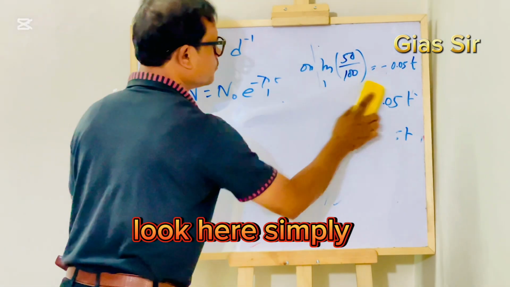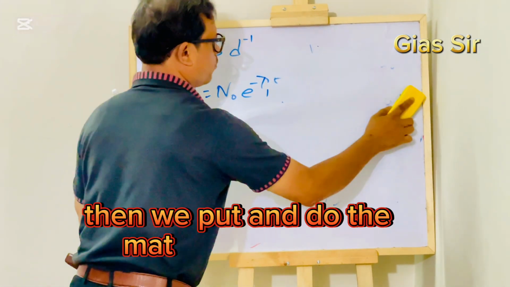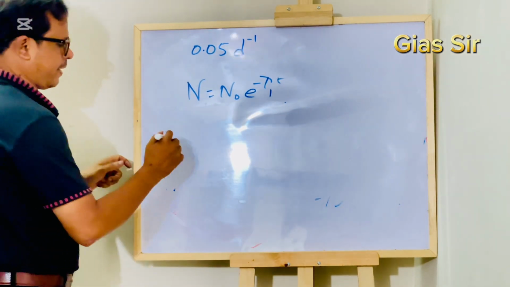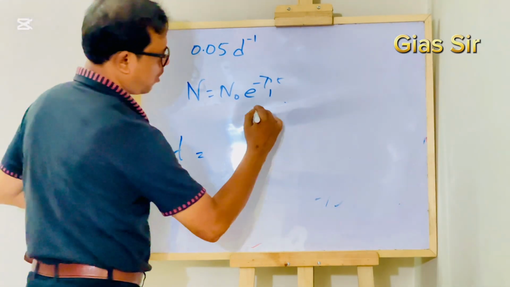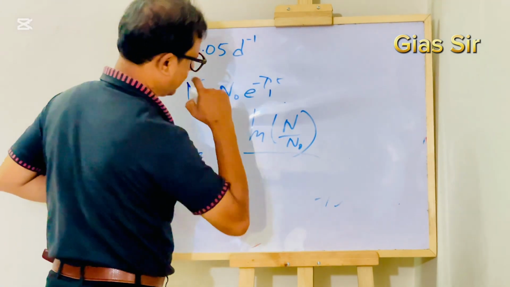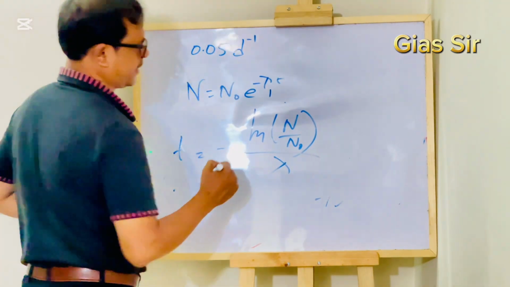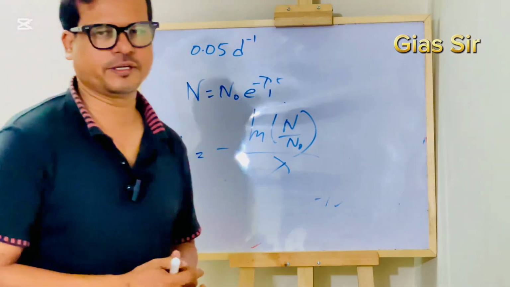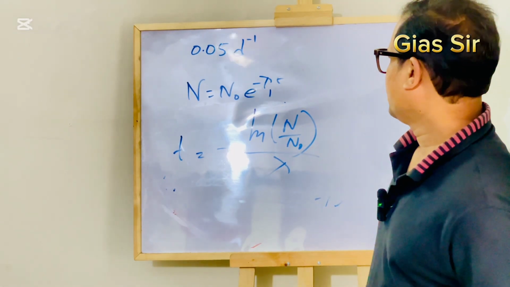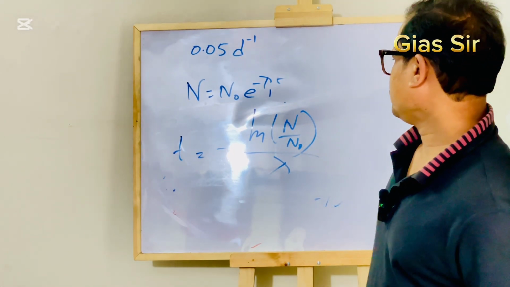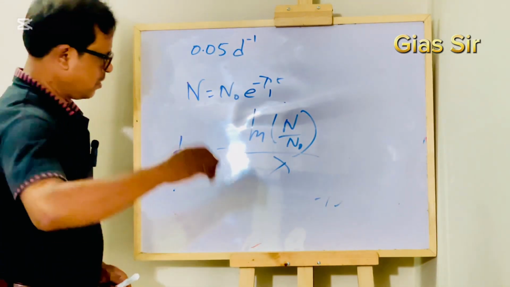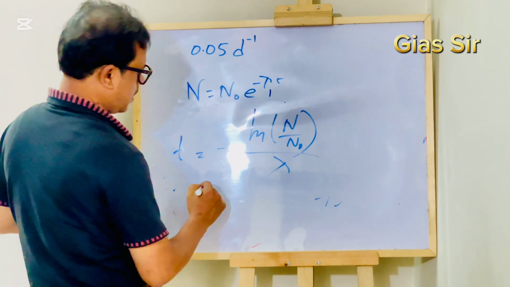Look here, simply we put the values and do the mathematics. Here we can find t equals ln of N over N naught, divided by minus lambda. If you can remember this formula, you can do the mathematics online.